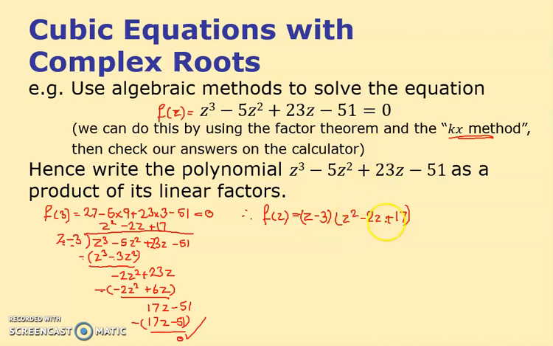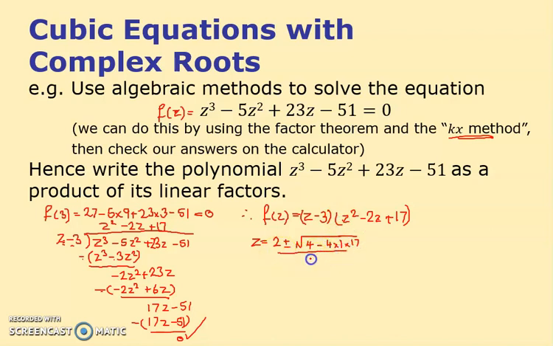So I'm going to have to use the quadratic equation formula on this. So z equals, on this one I'm going to get minus b, which is 2, plus or minus the square root of b squared minus 4 times 1 times 17.